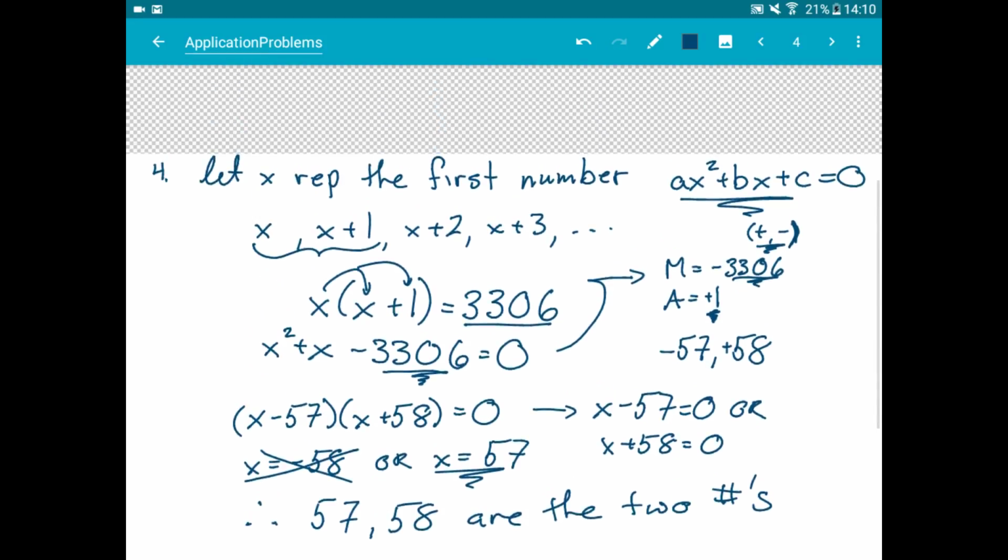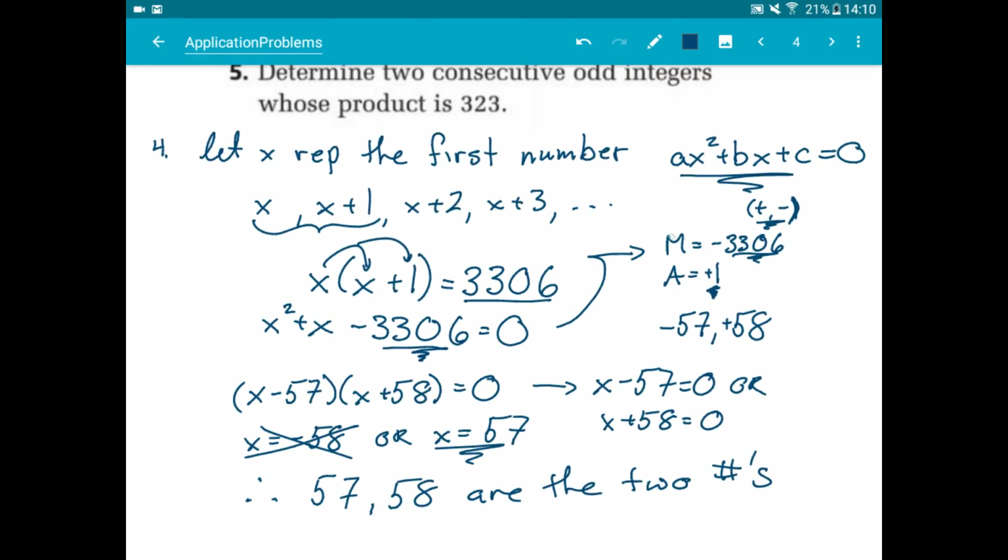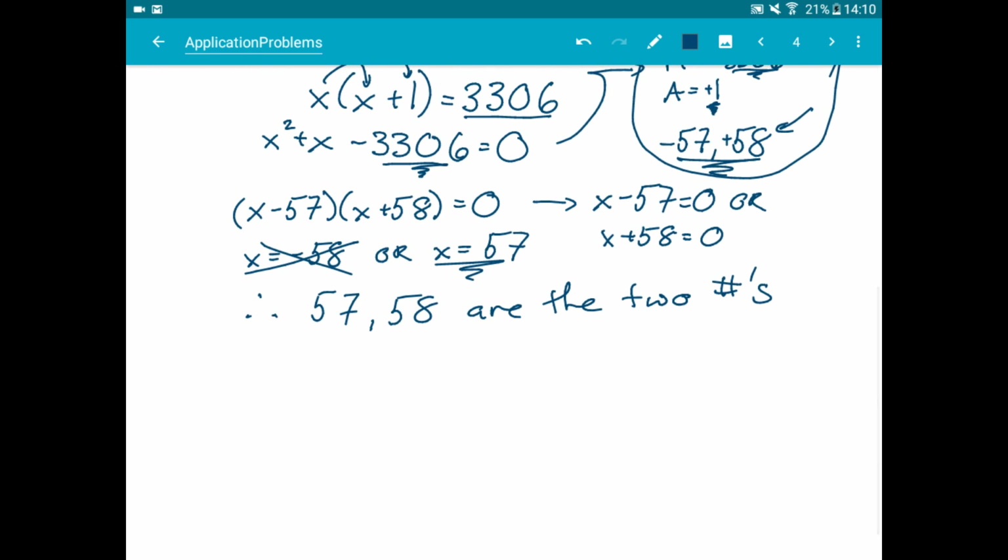Now, if you're not particularly intuitive when it comes to finding these two numbers, then chances are that factoring was really difficult, and you may have found my logic for finding those two numbers rather difficult. If that's the case, there's no problem really. You just take this expression, recognize that a equals 1, b equals 1, and c equals minus 3,306, and plug those into the quadratic formula.